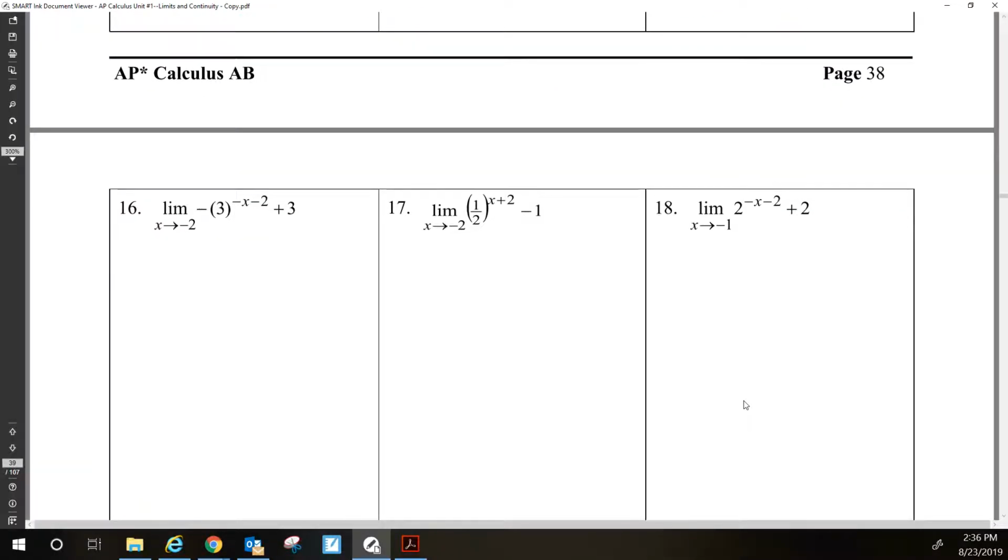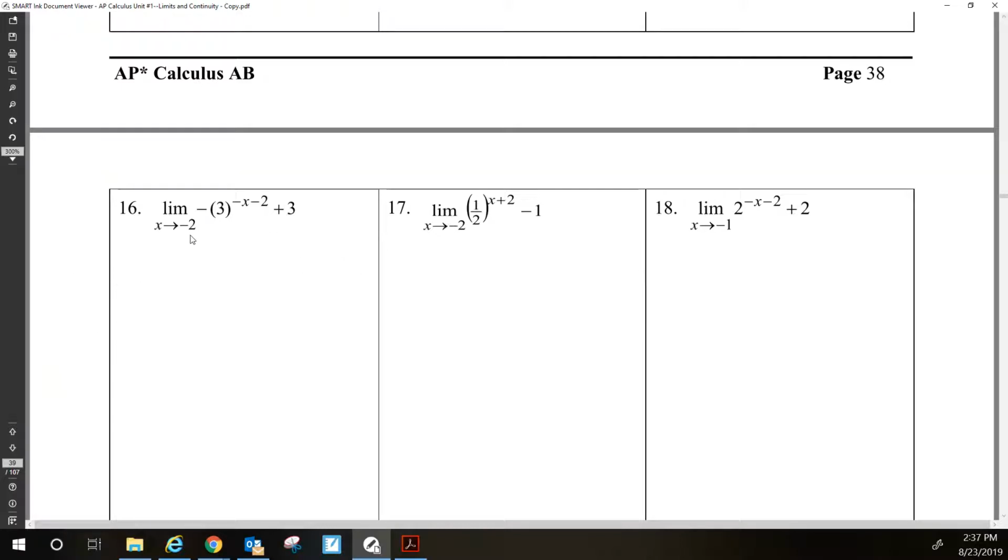All right, number 16. Got another whole number bigger than 1. Here's my asymptote at 3. It should be a growth. Again, horizontal reflection is going to make it a decay. Vertical reflection will take that graph and flip it down. So now, oh, just kidding. What's different about this problem? We're not going to infinity, we're just worried about negative 2.